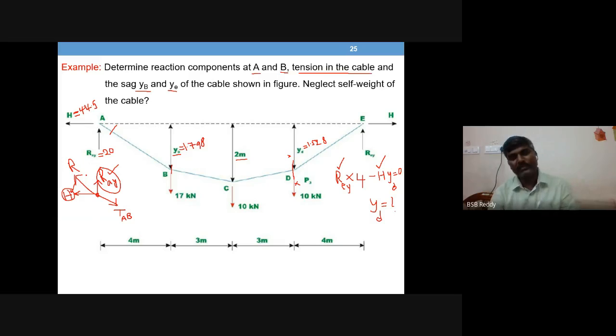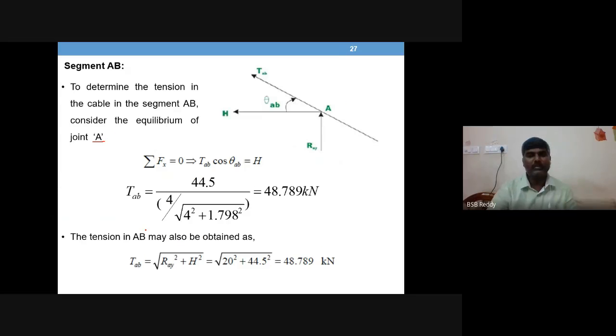Okay, so what happens now? There are only two forces at A. A is in equilibrium. So these two forces should be in the same direction, same value. So the resultant value is equal to the tension in AB. Okay, so how do you find the resultant?